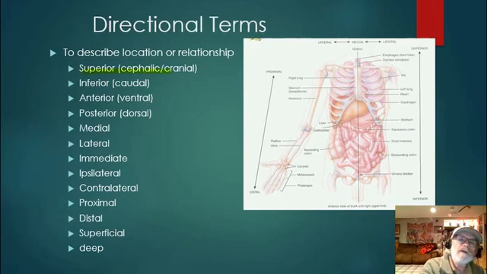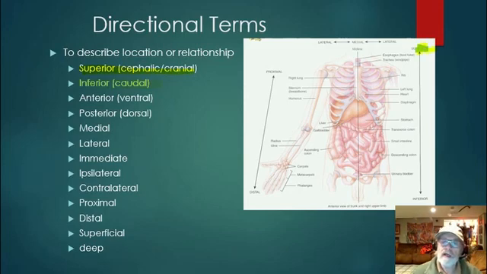Let's take the first one: superior, cephalic, and cranial. If we compare that to inferior or caudal, these two are opposites to each other. Superior means towards the top of the body.